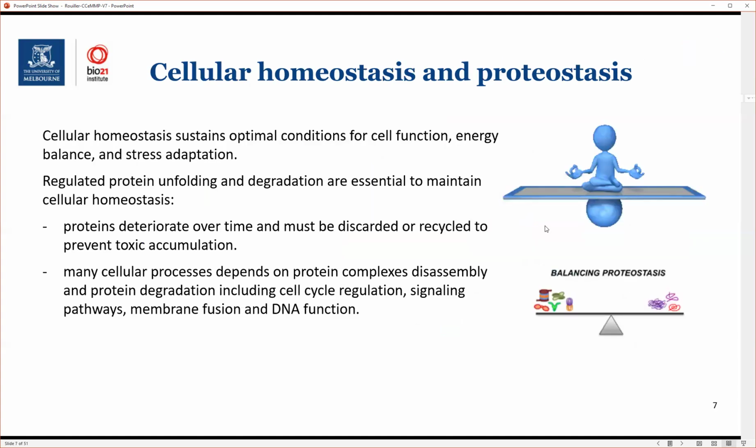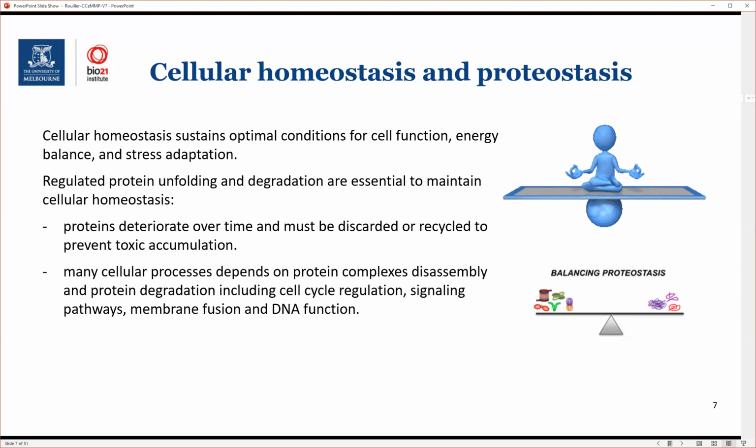And so overall, cellular homeostasis sustains optimal conditions for cell function, energy balance, and stress adaptation. In a way, VCP is involved in regulating protein unfolding and degradation, and these are essential to maintain cellular homeostasis, for two reasons.